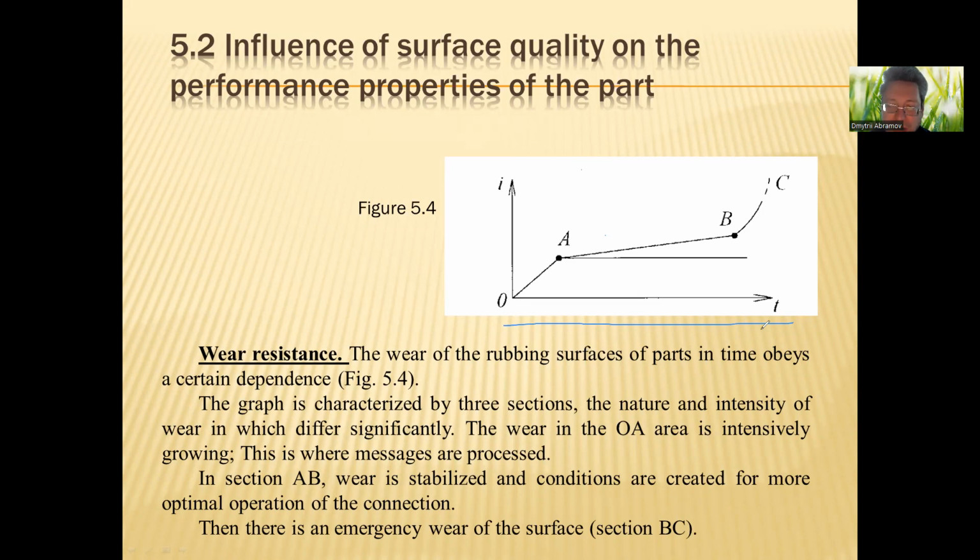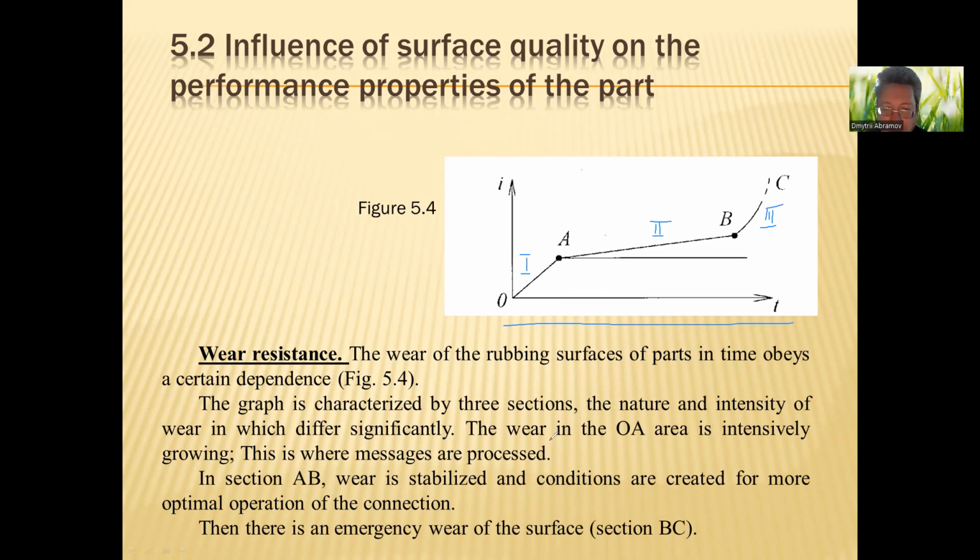The nature and intensity of wear differ significantly. You can see three sections: OA, first section, AB, second section, and BC, the third section.